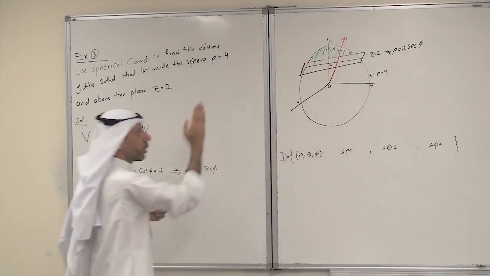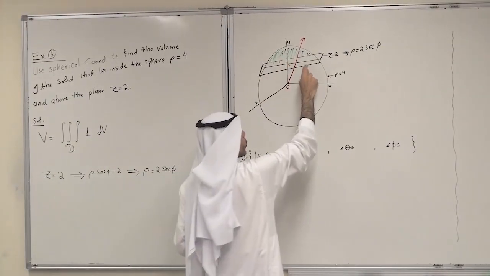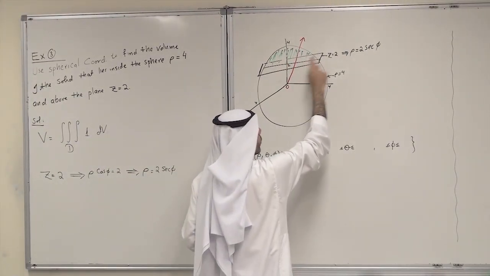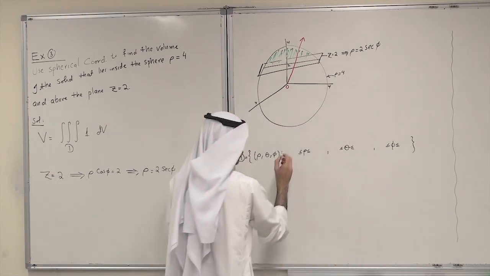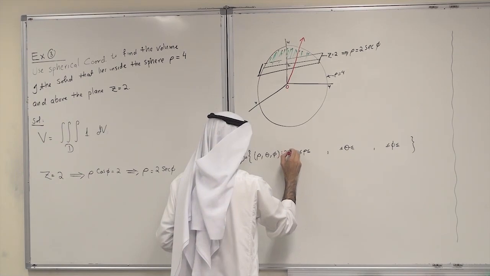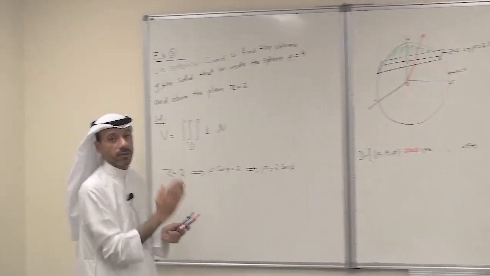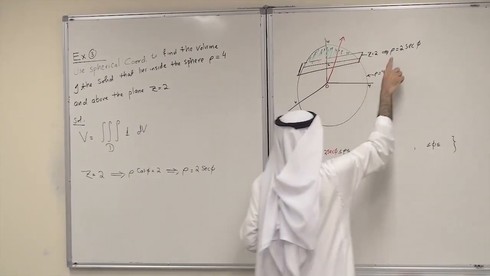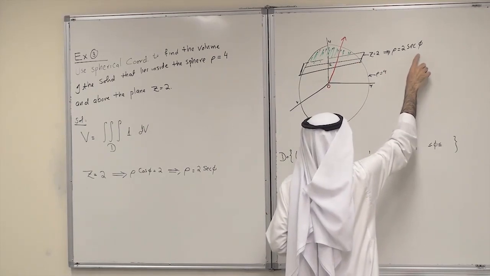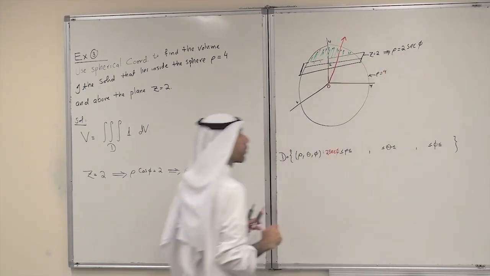We enter the solid through the plane, whose equation is rho equals 2 secant phi. So the lower limit of rho is 2 secant phi.